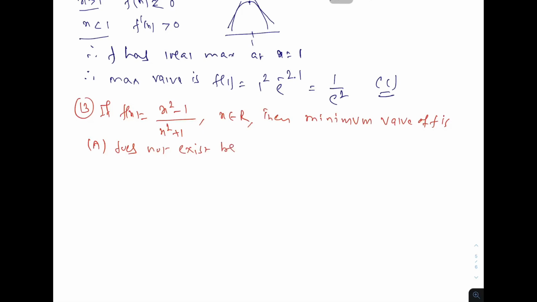Because f is unbounded. Second is not attained, even though f is bounded.